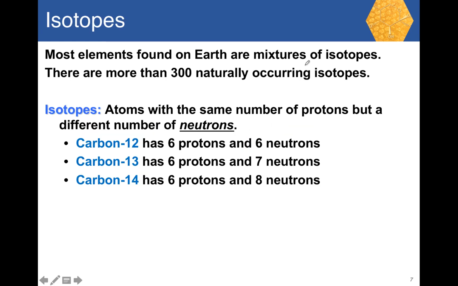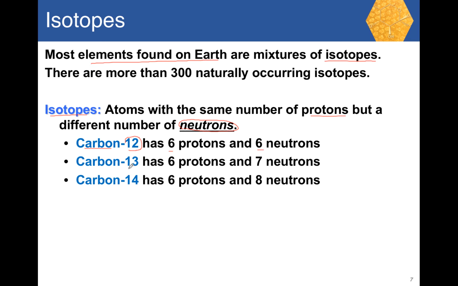Okay, let's do a quick review here. Most elements that you find on the periodic table that exist on Earth are a mixture of isotopes. You may recall from way back in chapter 2 or 3, isotopes are atoms with the same number of protons but different neutrons. If you have the element carbon, you can have carbon 12, which has 6 protons and 6 neutrons.